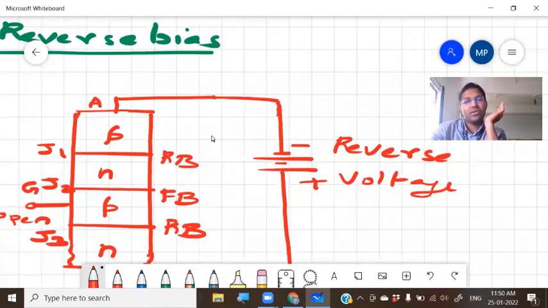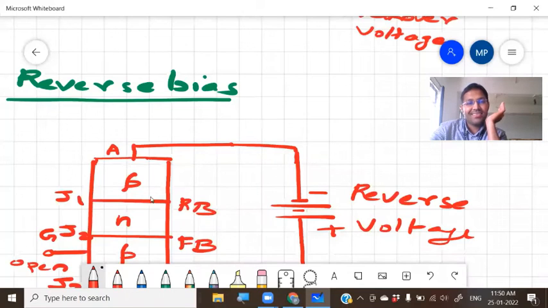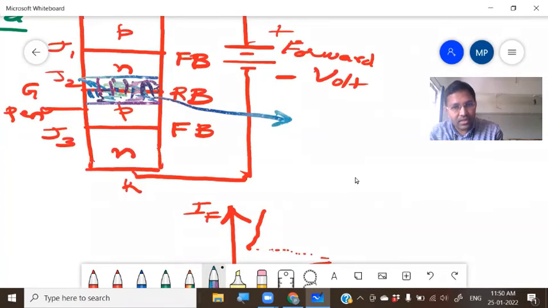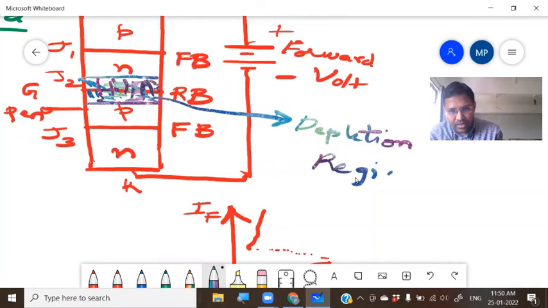Whenever the device is reverse biased, what do we have? We have a depletion region. Whatever I have shaded here, that is the depletion region. We know very well that under reverse bias condition, we have a depletion region.